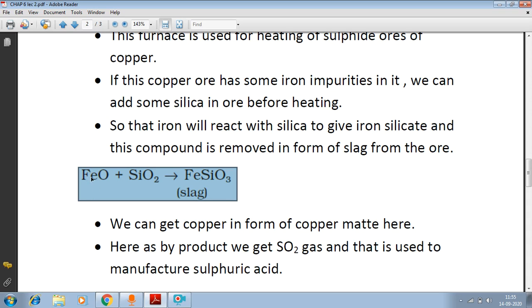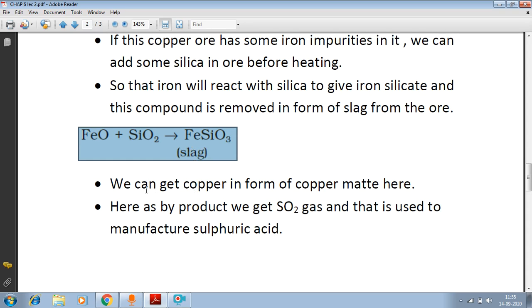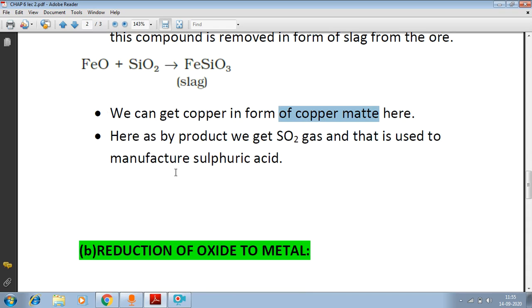It reacts with silica to give ferrous silicate, in the form of slag. We get copper in the form of copper matte. As a byproduct, we get sulfur dioxide gas, and this gas is used to manufacture sulfuric acid, H2SO4.